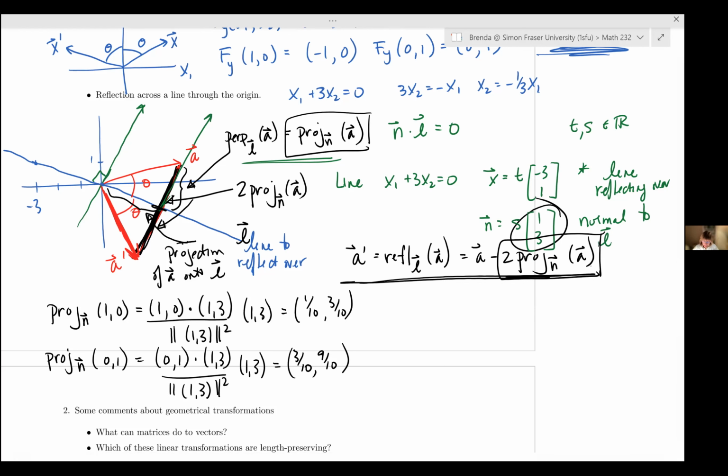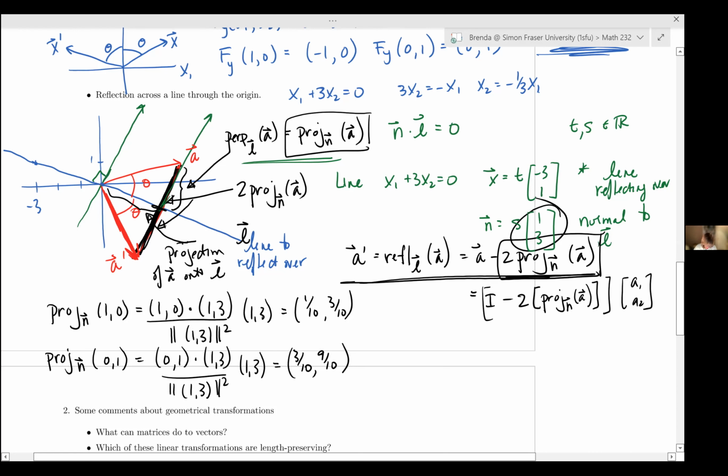I have not specified A. I'm getting the matrix to do that. Actually, I'm going to be possibly a bit clearer here. Really, what I'm going to do is take the matrix I, and subtract 2 times the matrix that is the projection onto N of a random vector A. And I'm going to then have that available, and I'm going to be able to multiply that by A. So then I can project any vector that I want.